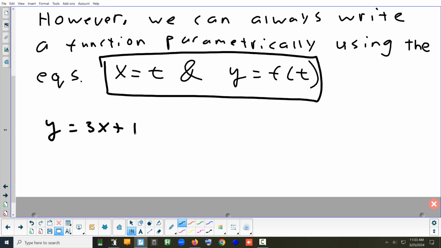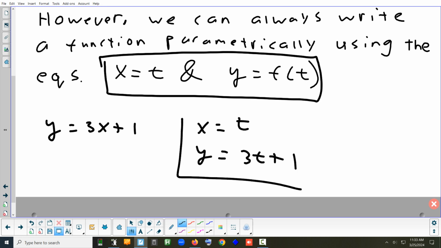If I said to write that parametrically, you could say, I'm going to let x equal t, and then I'm just going to change all my x's to t's in the other equation. That is exactly the same thing that I started with, except now it's parametric.